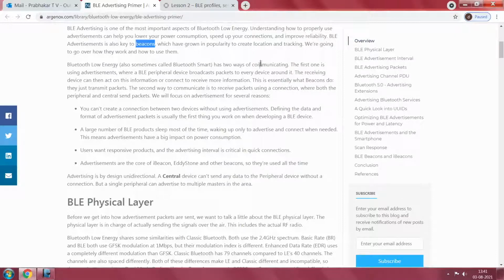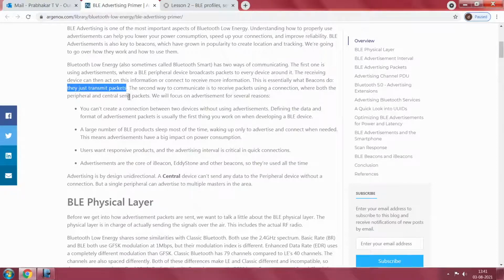Then you can read this document, it tells you that it is also called Bluetooth Smart and so on, and it tells you about one important thing, that beacons are essentially just transmitters. If they are in the transmit mode, they cannot receive anything, and they are configured only for transmit.